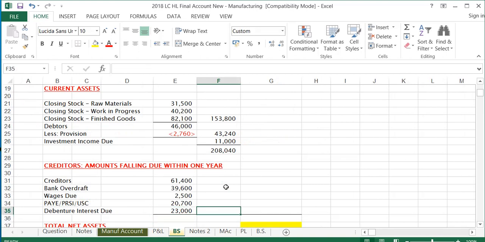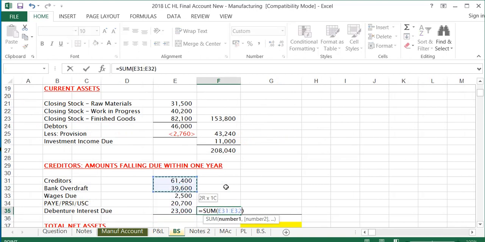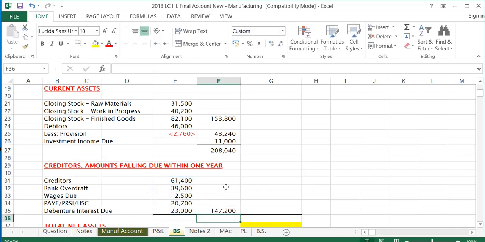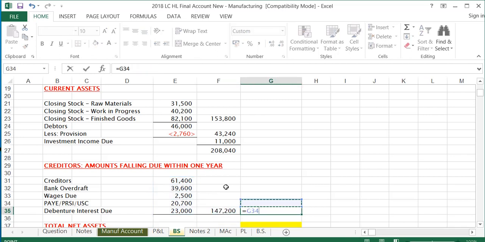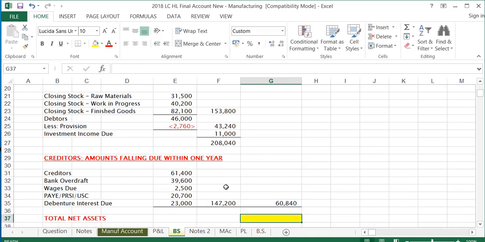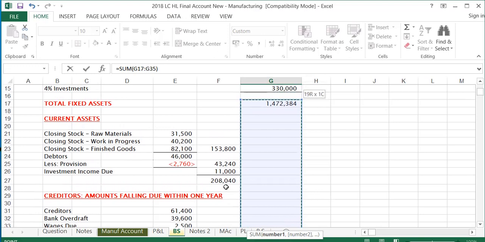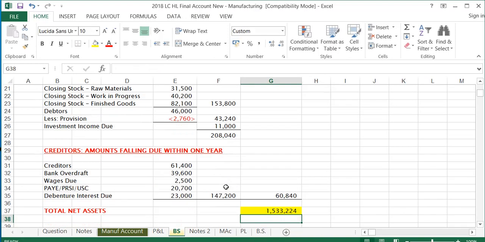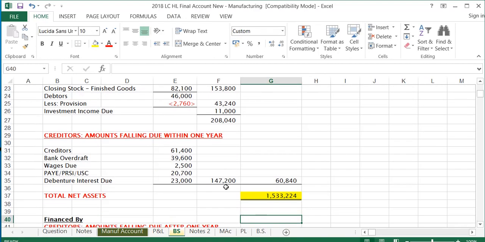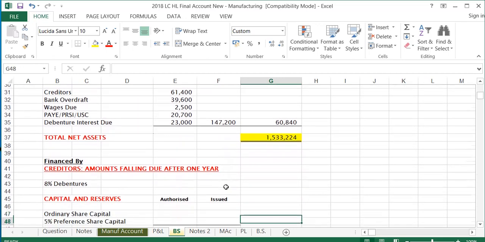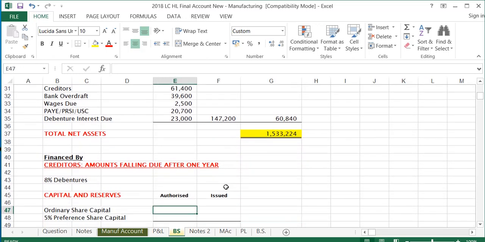So to work out my creditors amounts due within 1 year, I total all of these, which will leave me with 147,200, and then my current assets minus my liabilities within 1 year will leave me with a working capital of 60,840, and if I add that to my total fixed assets above, gives me 1,533,224.